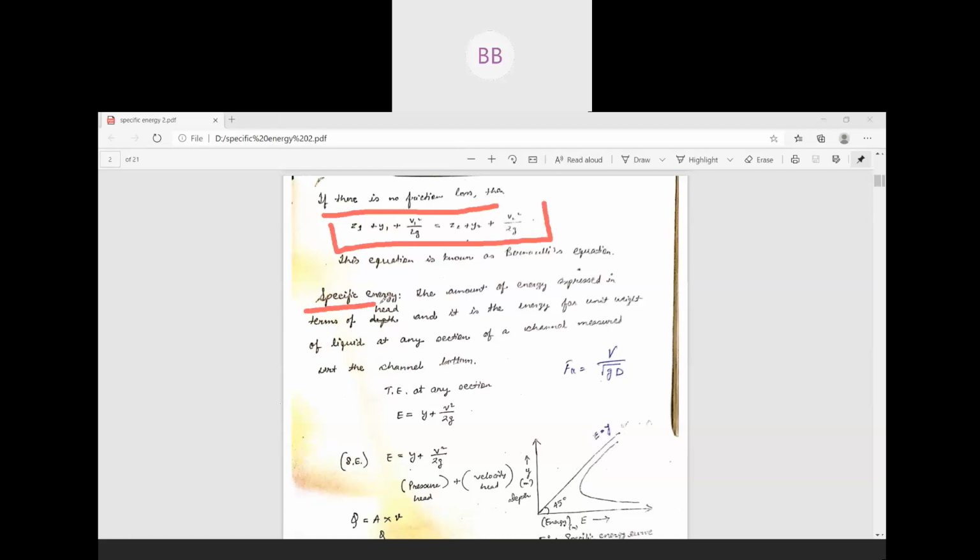So this is the definition of specific energy, or you can simply write it in your own words: specific energy is the amount of energy expressed in pressure head and kinetic velocity head, measured with respect to the bottom of the channel.